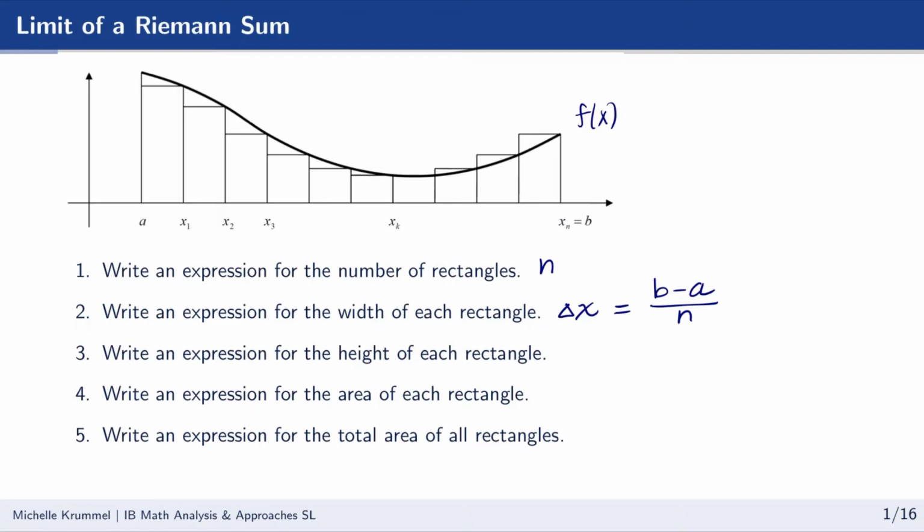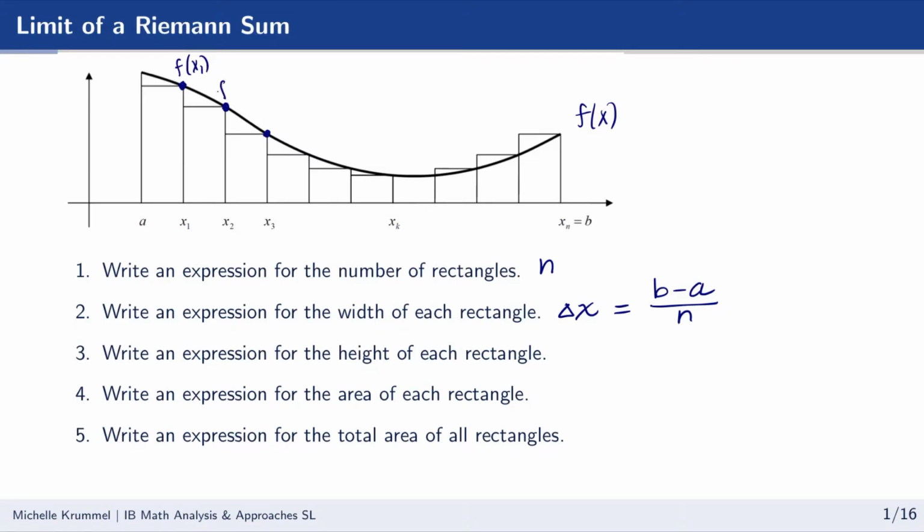The height of each rectangle varies. The height of this first rectangle is not the same as the height of the next rectangle, which is not the same as the height of the next. It is a right Riemann sum, so we're determining the height of each rectangle by looking at the right endpoint of the subinterval. So here the height is f of x sub 1.